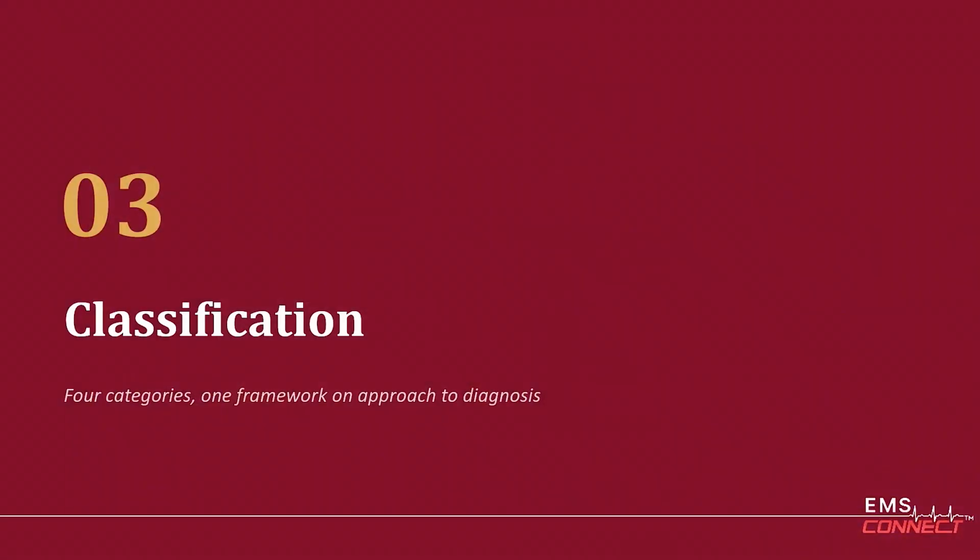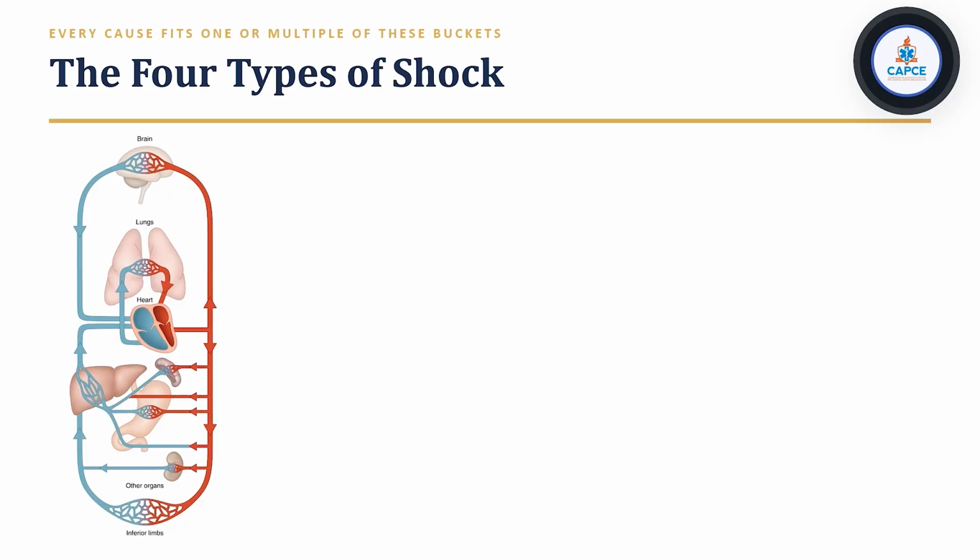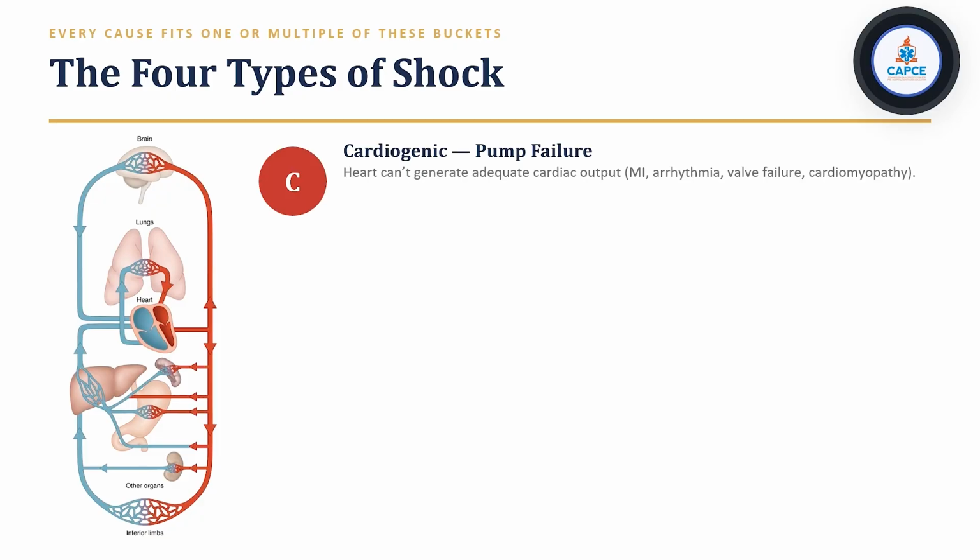All right, classifications. Okay, so now let's get to the meat and potatoes here. The 4 types of shock. So we've seen this picture here, right? Cardiogenic, pump failure. The pump is not working. When we think about the differential for this, I think a lot of people think about heart failure. That muscle is fatigued. It just doesn't get any forward flow. But it could be acute things too, like a valve rupture.